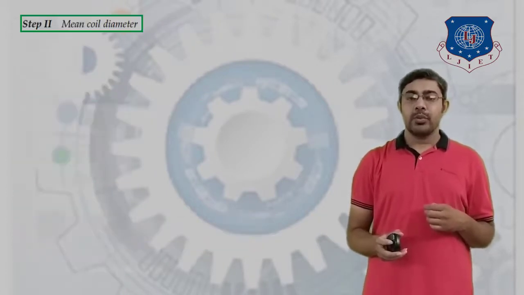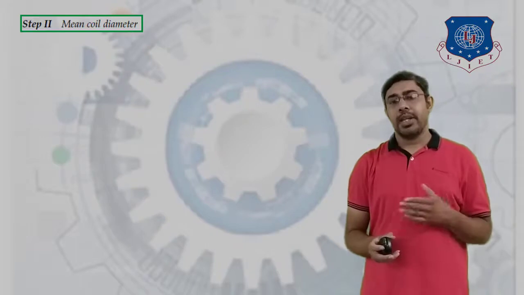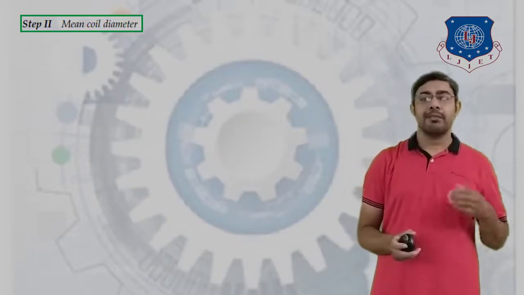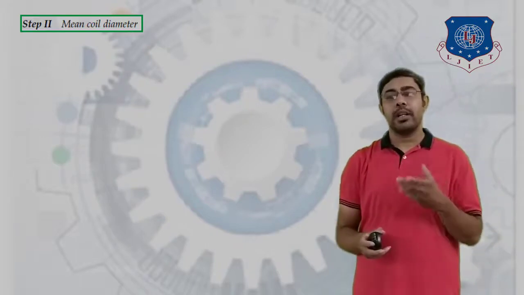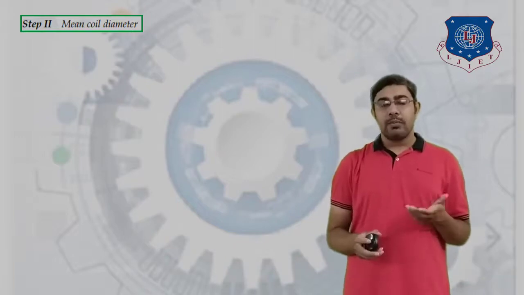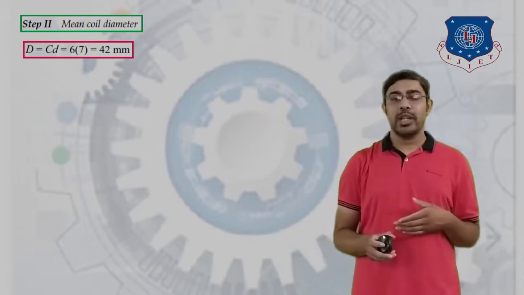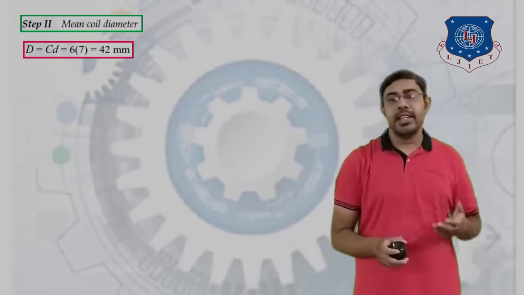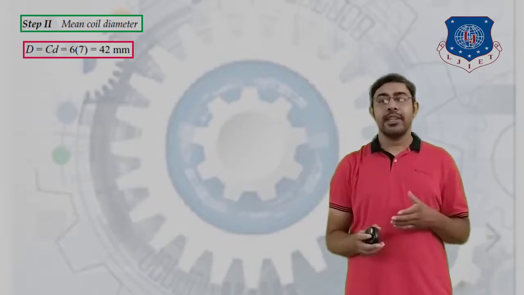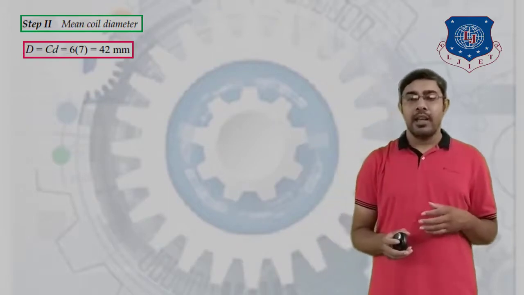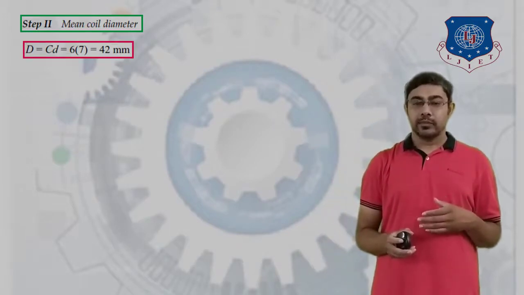Now step 2 is to calculate the mean diameter. As we know, the spring index C is equal to capital D by small d. So by using this equation, we get mean diameter capital D equal to C into small d. Here C is given in our problem and d we calculated in the previous slide, that is equal to 7 mm.